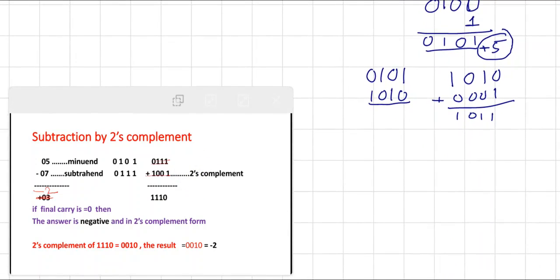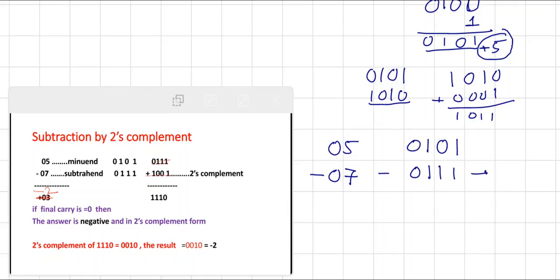Let us consider 05 minus 07. So the corresponding number is 0101, and we have to subtract 7, which is 0111.